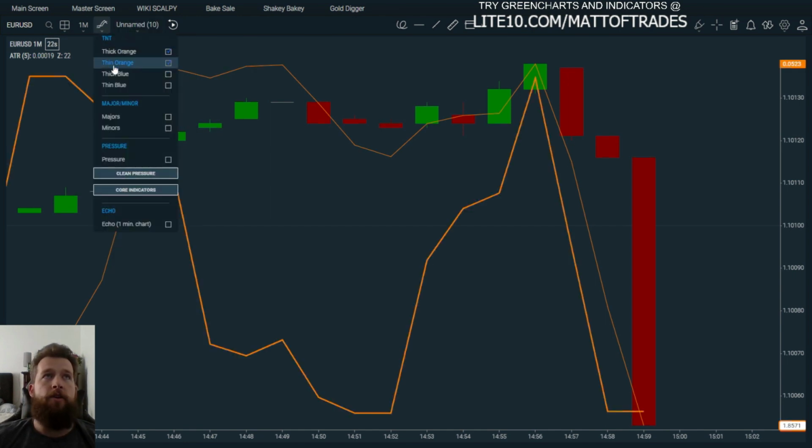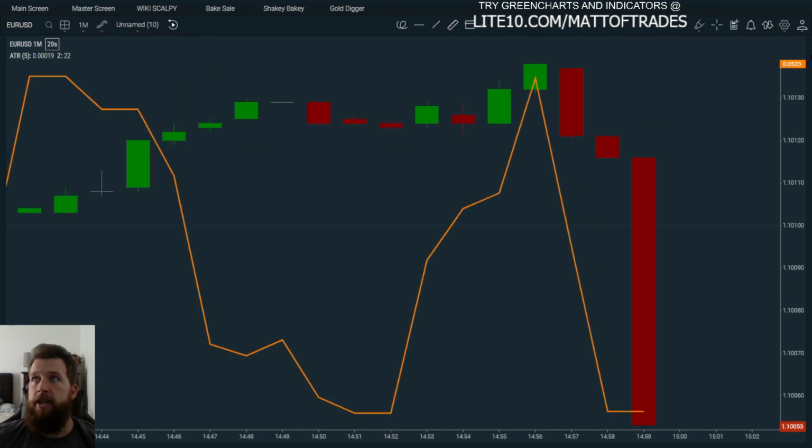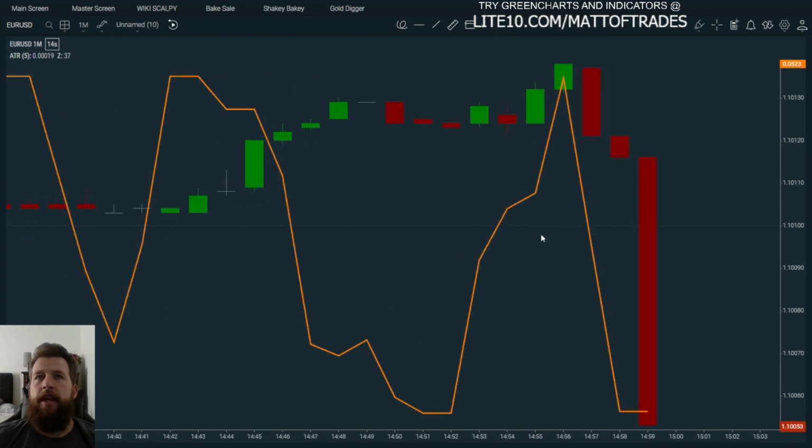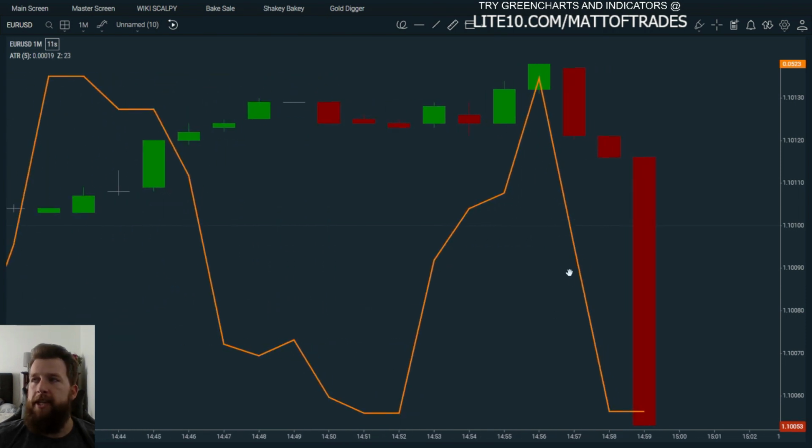Now the thick orange, similar to the thin orange, has a value, between 0 and 10. The thick orange measures speed. What a lot of traders like to use this for is finding levels in the market.